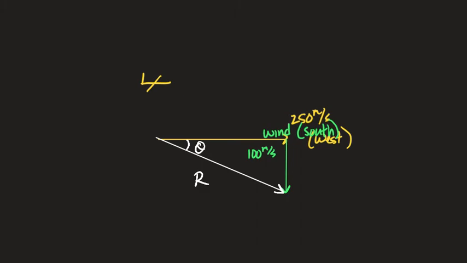Here we go. Christian, give me one of the numbers. R, I found 270. Okay, so 270 meters per second. And Abby, can you give me theta? 22.